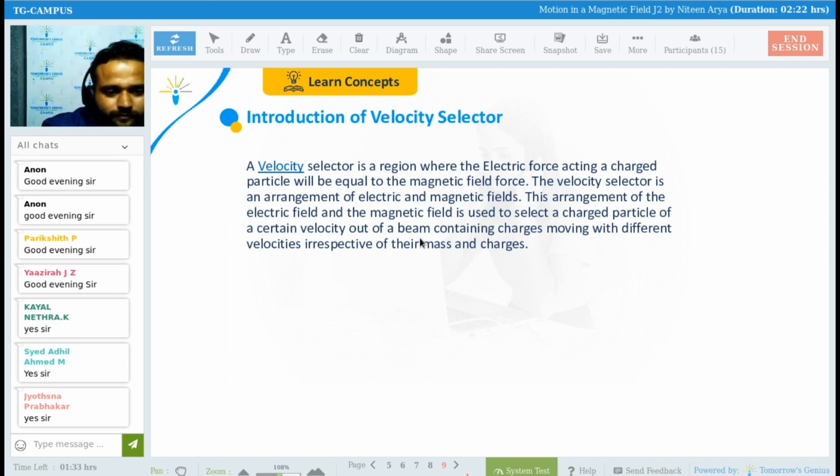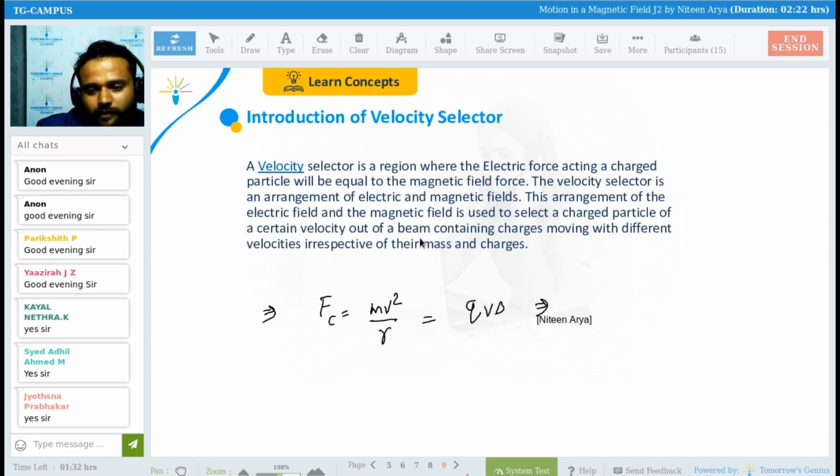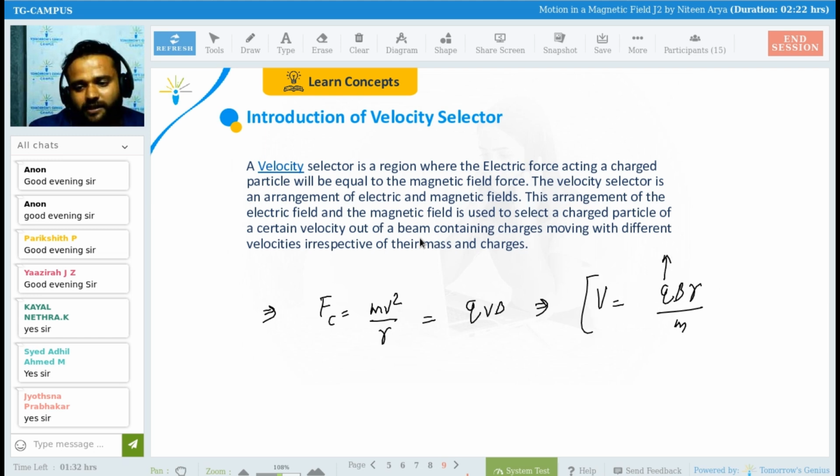For example, simply what I'm saying, Fc, which is mv square upon r, and that is qvb. So from here, if I need to find velocity, that is qbr upon m. Now I know the charge because I give the charged particle, I set the magnetic field.